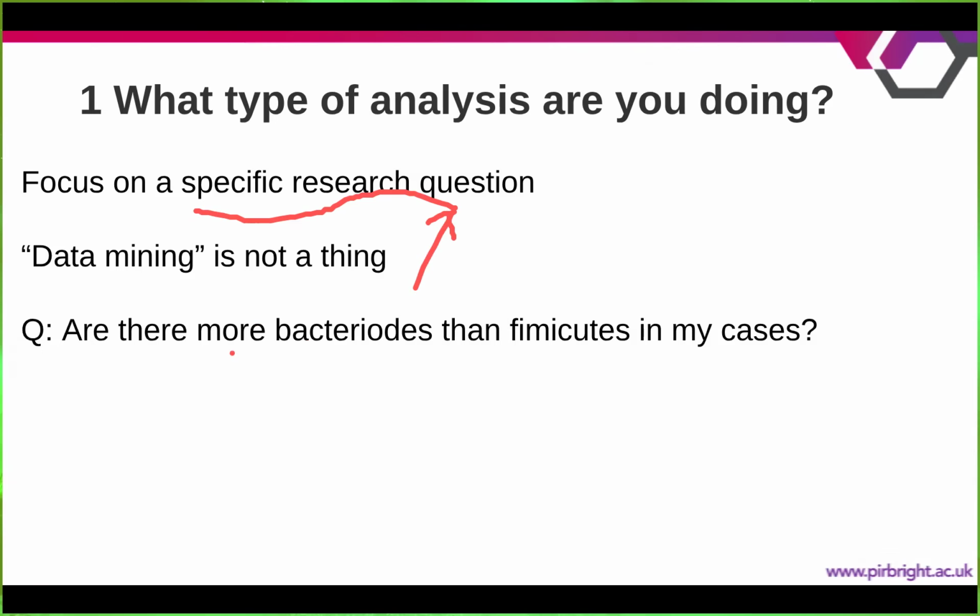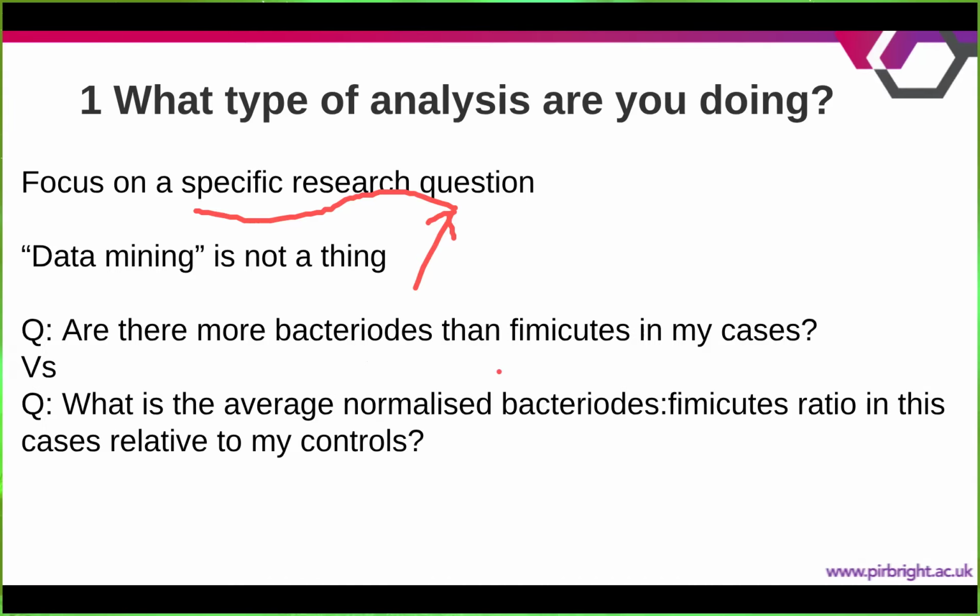An example of this might be, are there more Bacteroides cells than Firmicutes cells in my cases? That's great if you have cases, but you need controls and experimental design to test these things. So we think about a more detailed question. What is the average normalized Bacteroides to Firmicutes ratio in these cases relative to my controls?